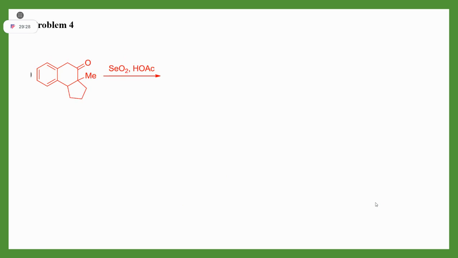Okay. So this is your problem number 4. This aromatic compound is going to react with selenium dioxide in acidic condition. Okay, if you don't know the mechanism, could you please tell me, in presence of selenium dioxide, what will be the product? Just on memory basis, what is the role of selenium dioxide? It is having two roles.